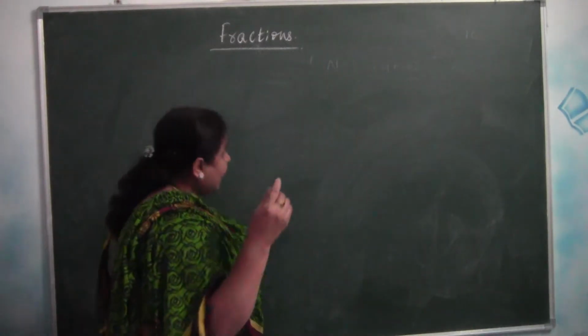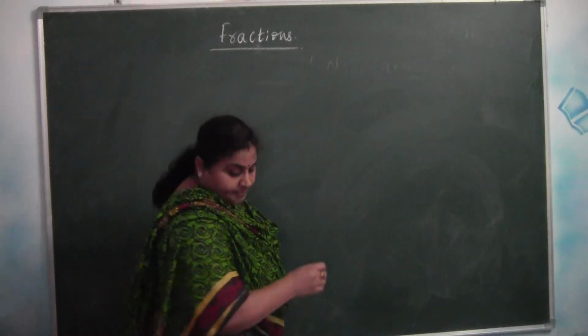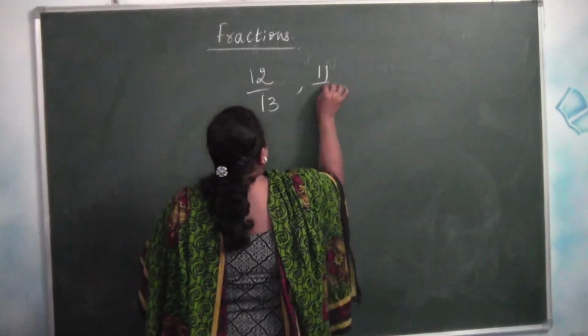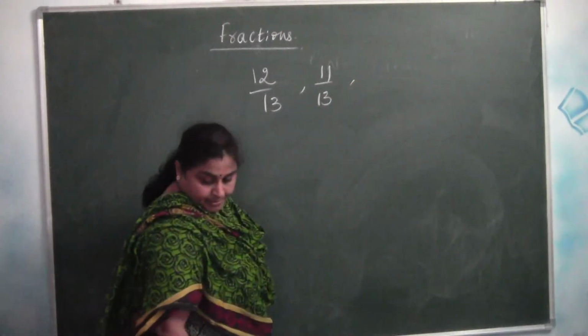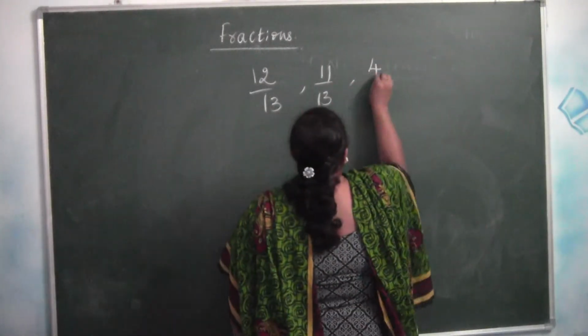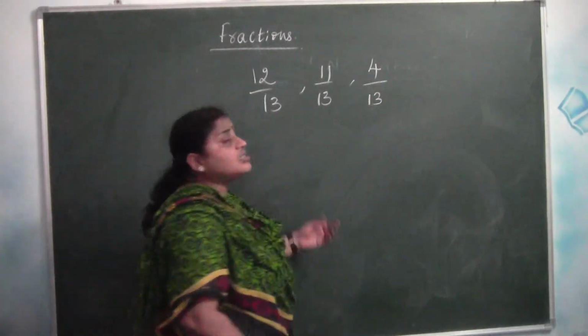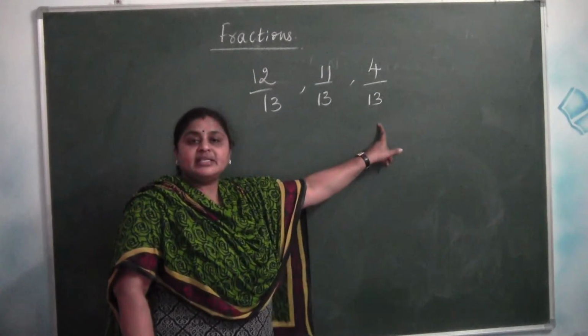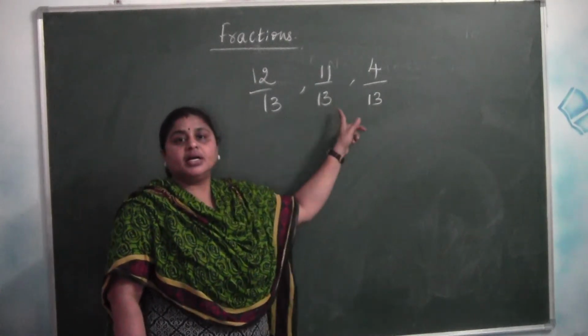Now I have a group of fractions, say 12 by 13, 11 by 13 and 4 by 13. Here I have 3 fractions. In these 3 fractions, what do you observe? All the denominators are the same: 13, 13, 13.